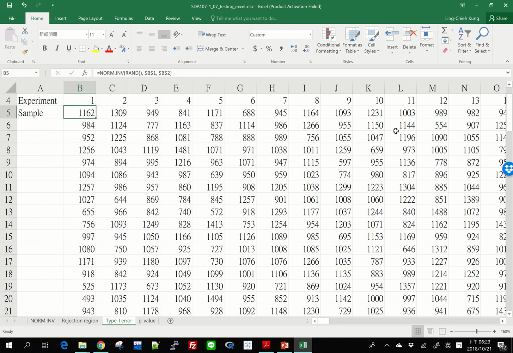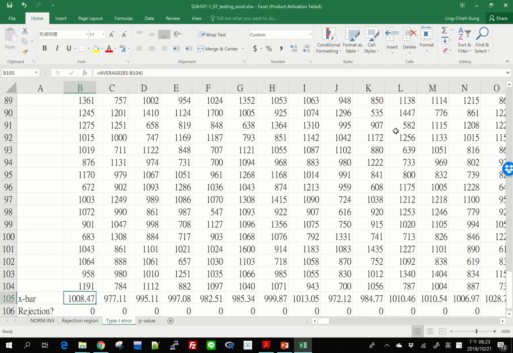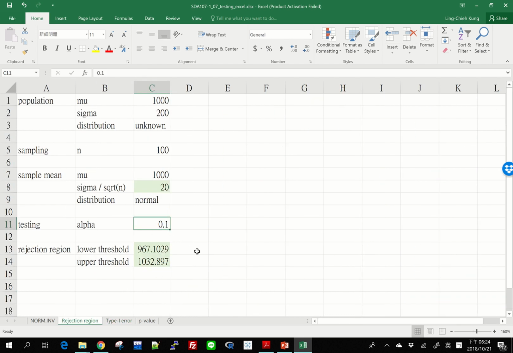Each time, I calculate my x bar, the sample mean: in this large population, I randomly select 100 numbers and take the average. If that number is quite large or quite small, that's going to make me reject our null hypothesis.